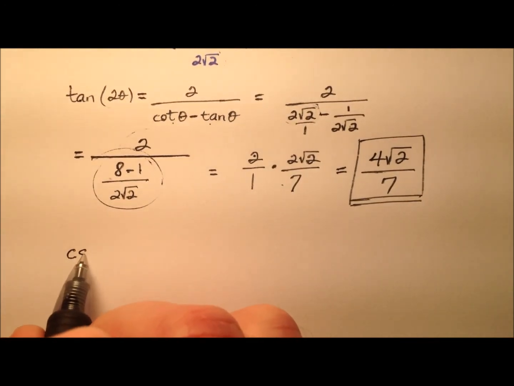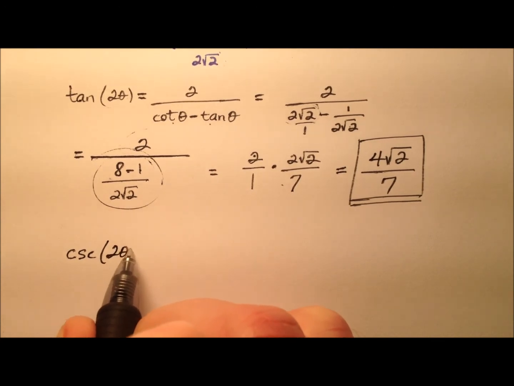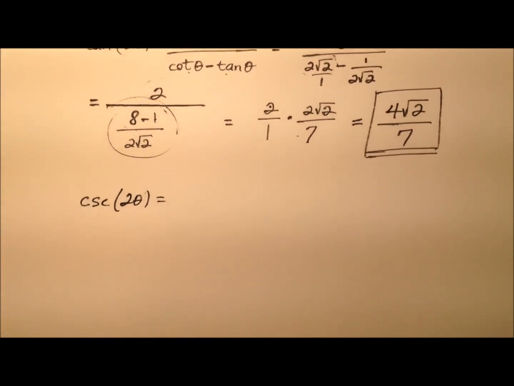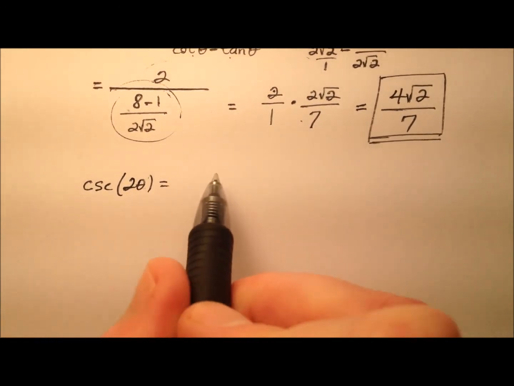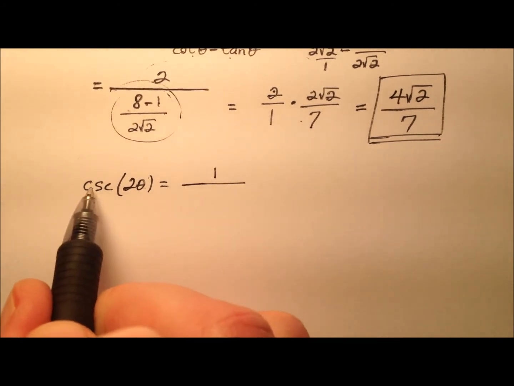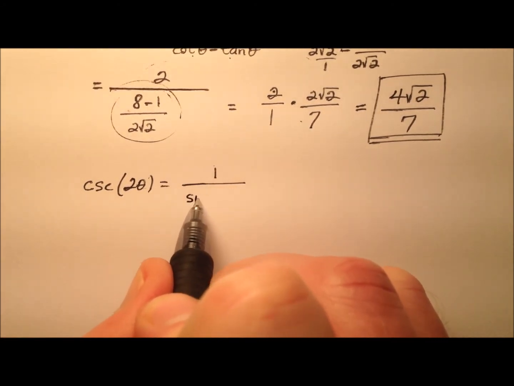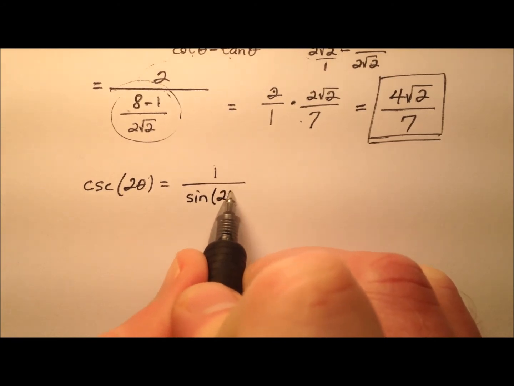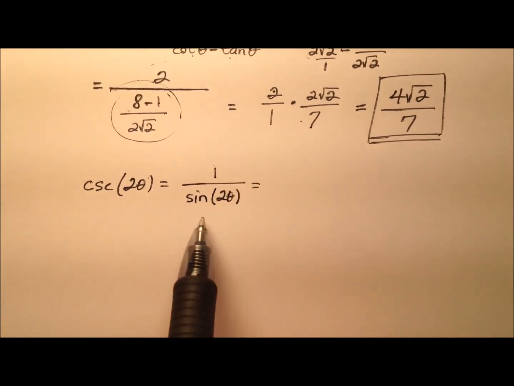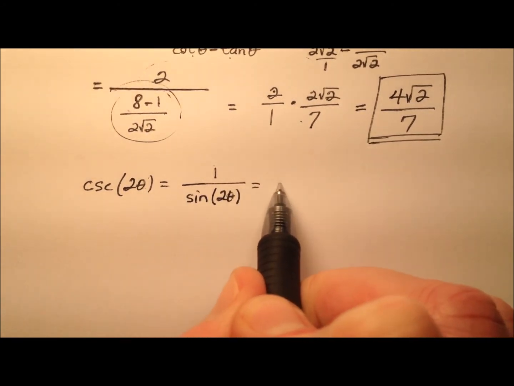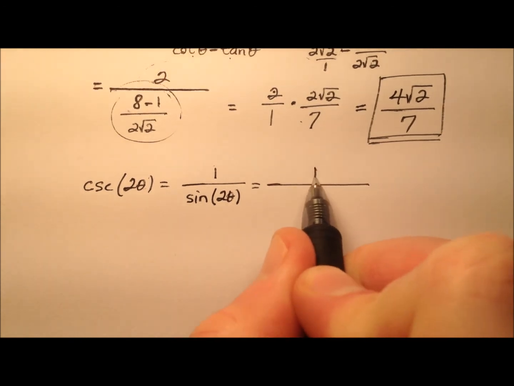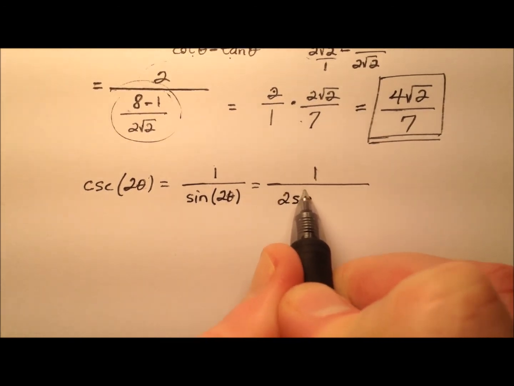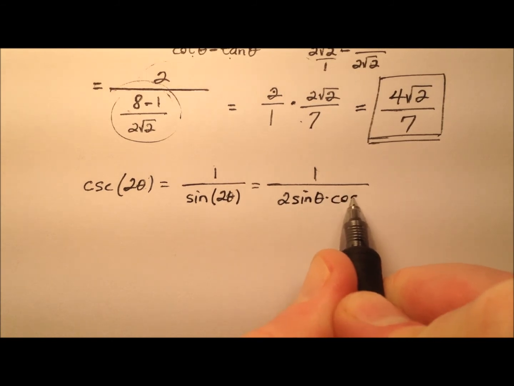Okay, let's go ahead and do cosecant as well. So cosecant of 2 theta. And remember that cosecant really is a reciprocal function. It's the reciprocal of sine. So really we have 1 over sine of 2 theta. And sine has a really nice double angle identity. It's going to be 2 sine theta cosine theta.